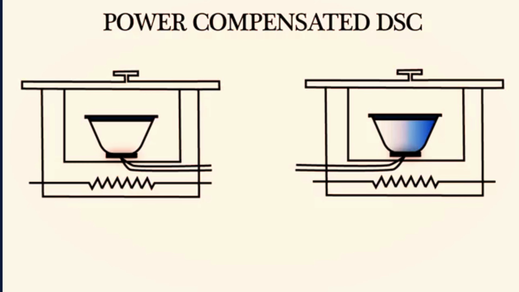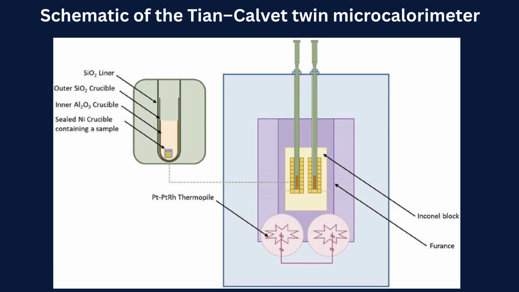These instruments generally provide faster response times and improved sensitivity for certain applications. Tian-Calvet DSC. This design employs a three-dimensional heat flow sensor surrounding the sample. Nearly all thermal energy passes through the sensing element, resulting in exceptionally high calorimetric accuracy and heat capacity measurements.